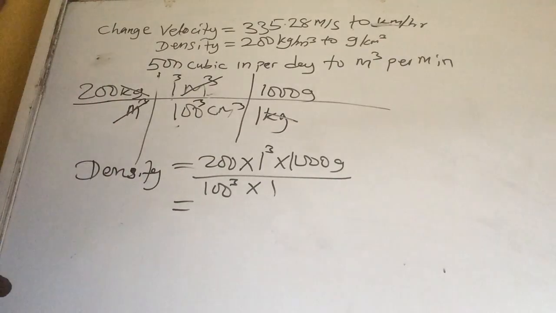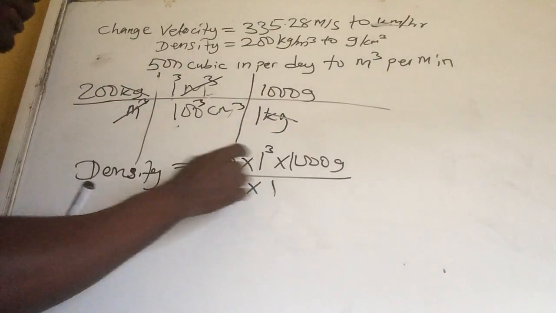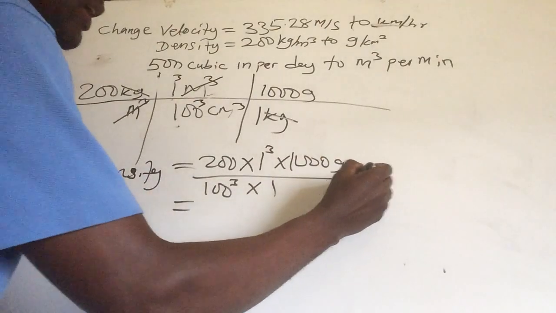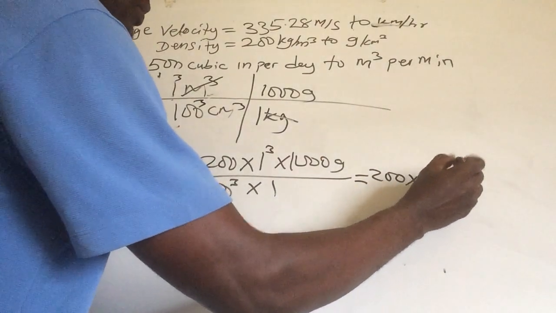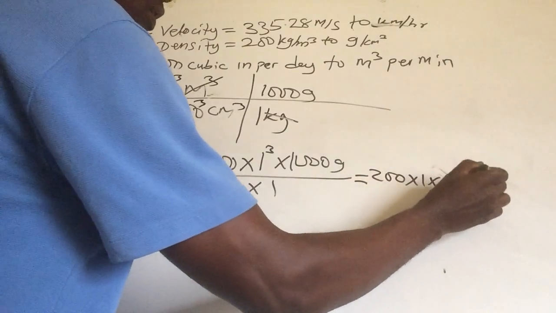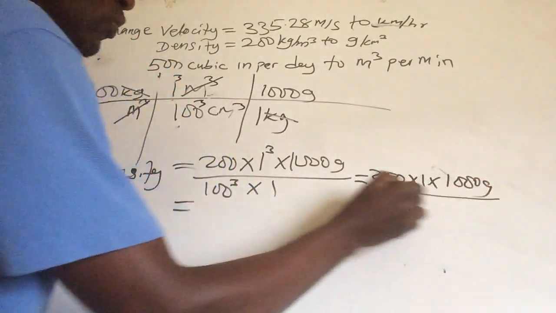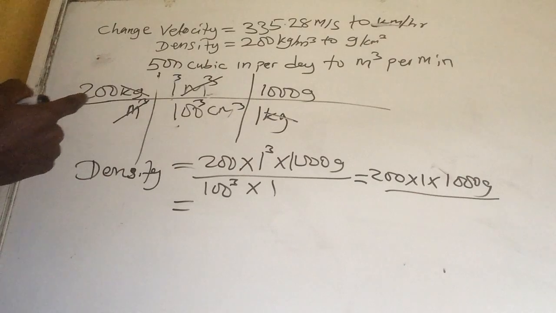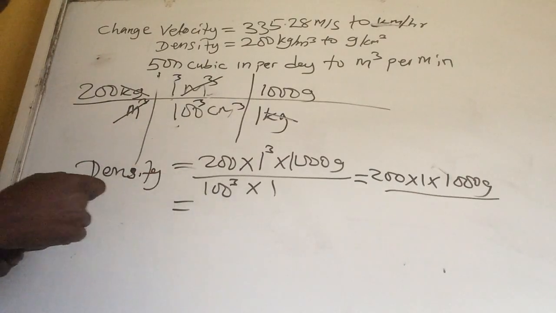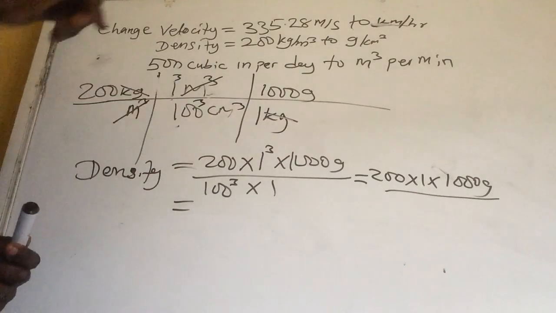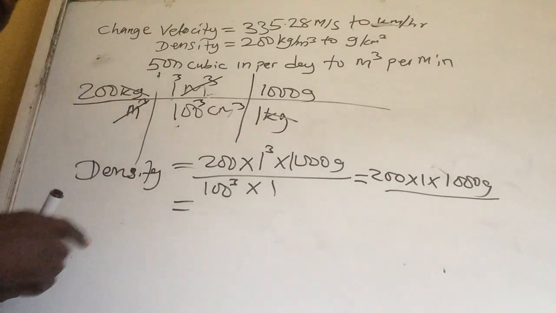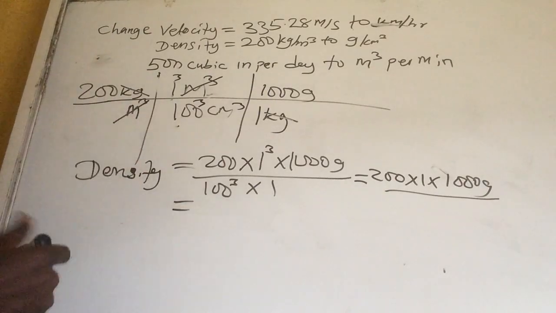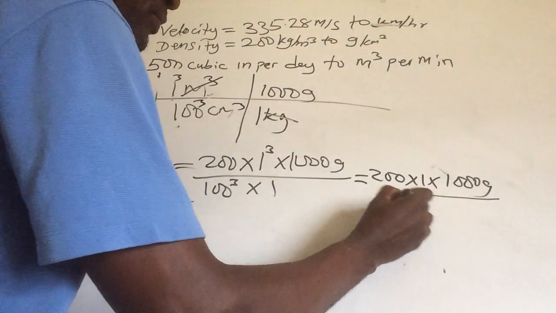So we now have 200 times 1 times 1000 gram all over. This 100 cube means 100 times 100 times 100, which will give us 1 million.